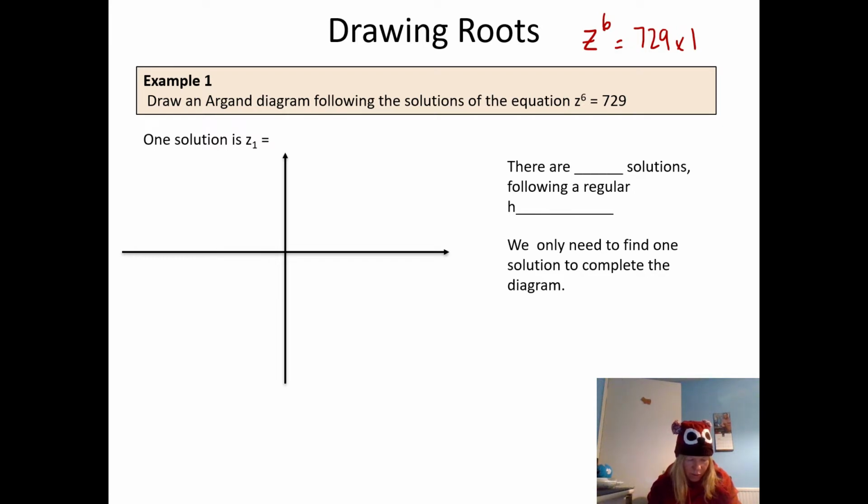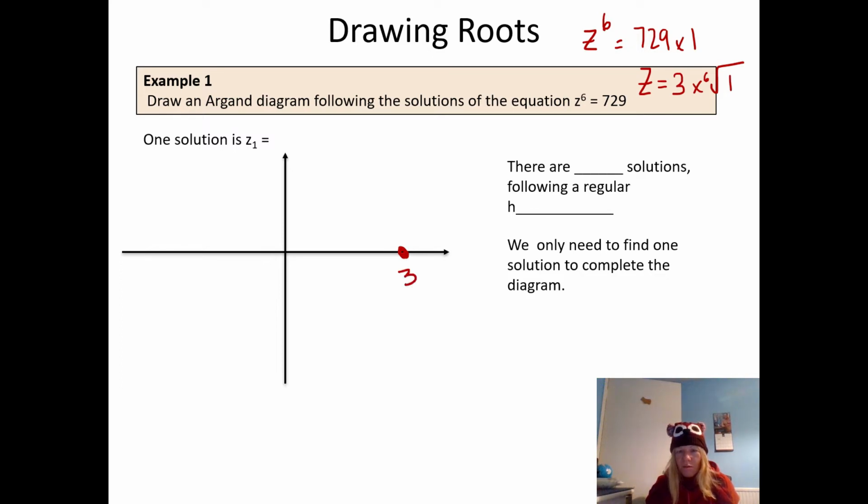Funny calculator this thing. So 6, 7, 2, 9. It comes out as a nice number, doesn't it? 3. So actually there you can say that z equals, and if you take the 6th root of that, that's 3 times the 6th root of 1. And then you know the 6th root of 1, one of the answers is 1. So it's going to be 3 times 1, which is 3. So you know one of the roots is going to be there at 3.